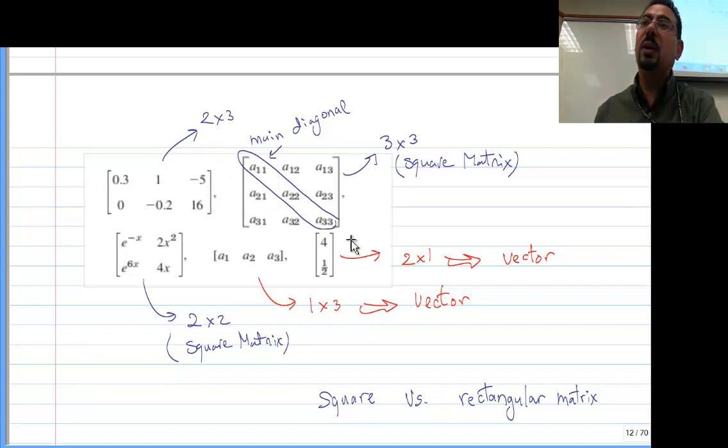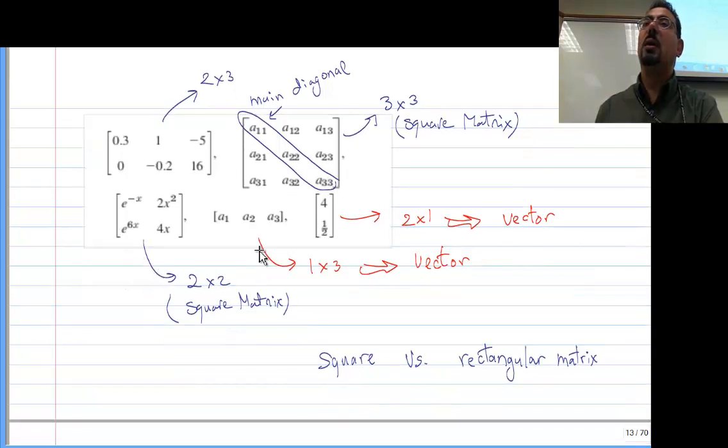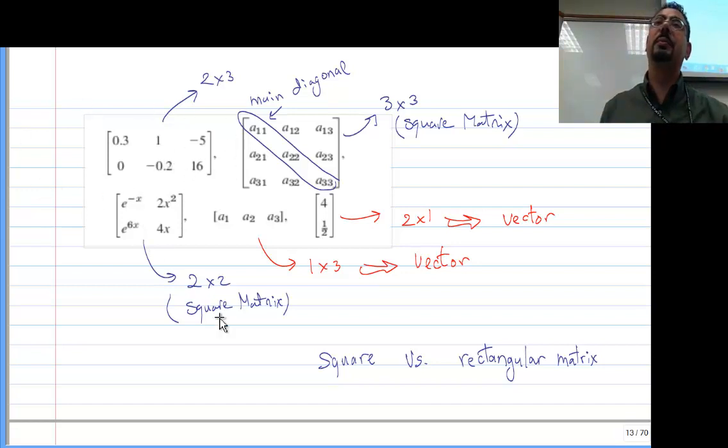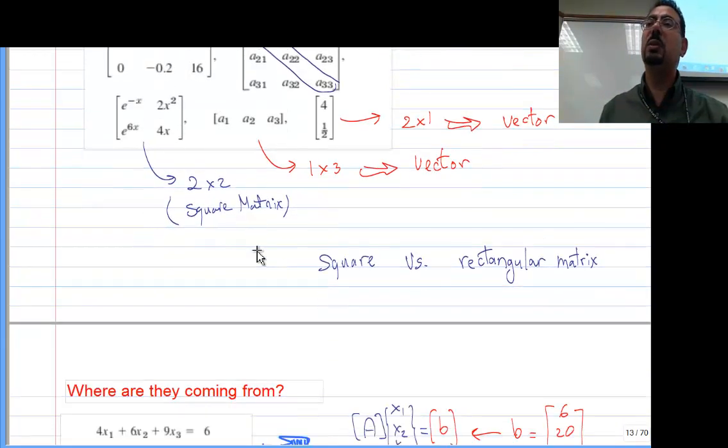Those on the diagonal are pretty important, and we will see why in this course. This is called the main diagonal. And this is a square matrix, versus a rectangular matrix. So this is square, this one is rectangular.